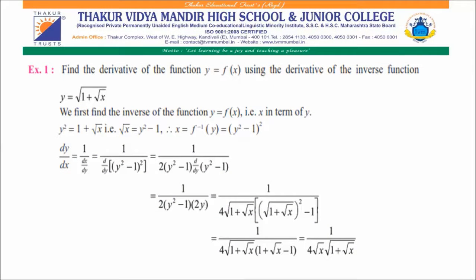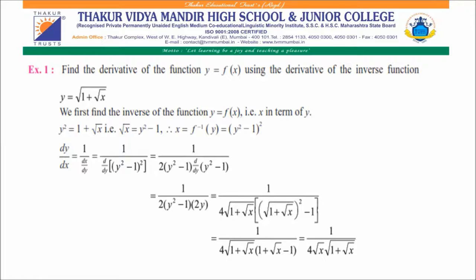Take the example. Find the derivative of the function y equals f of x using the derivative of the inverse function, y equals under root of 1 plus root x. Okay, we first find the inverse of the function. That means we have to find x in terms of y.